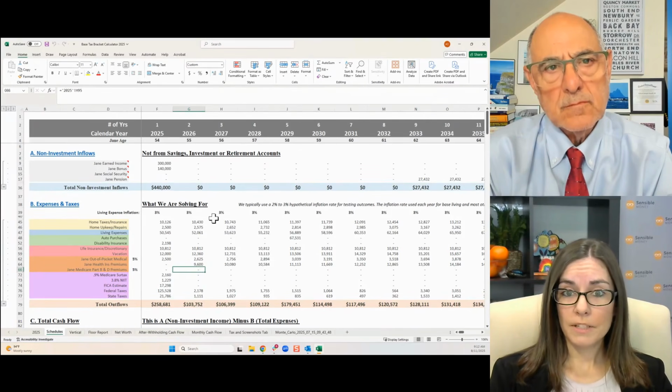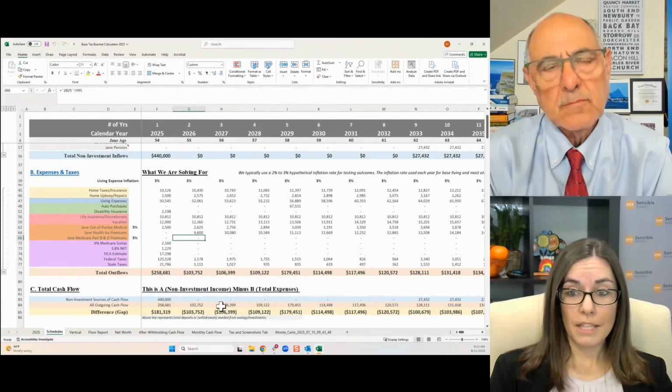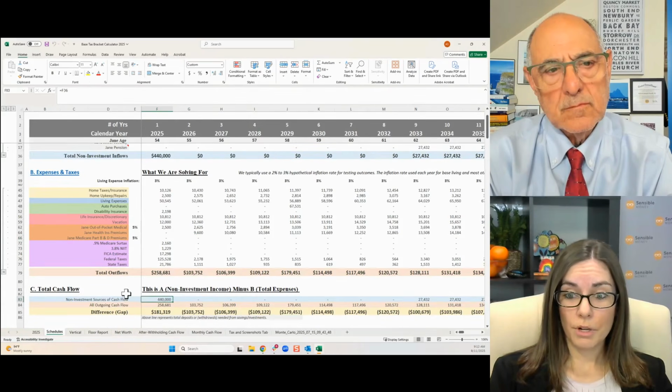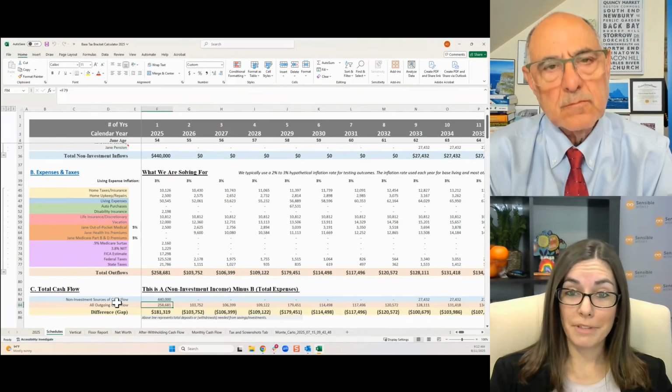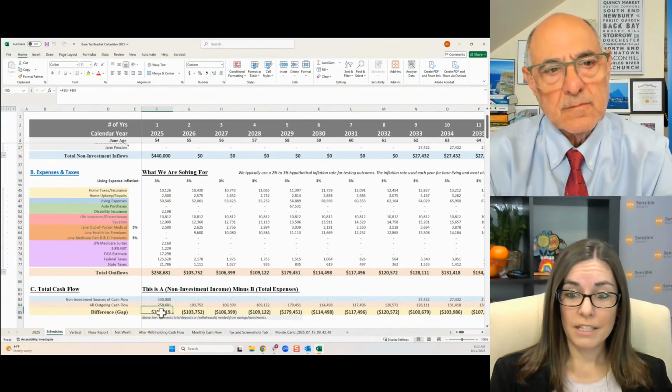So if we just combine income and expenses, that gets us to section C, which is either savings or withdrawal. So this year she's working. She has $440,000 of income, roughly $260,000 of expenses. The bulk of that is taxes, high income earner, single tax filer. The difference is saying, her income is greater than her expenses. She can save money this year.